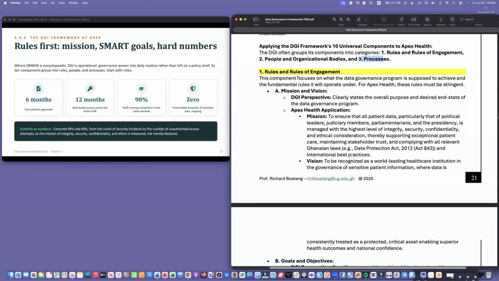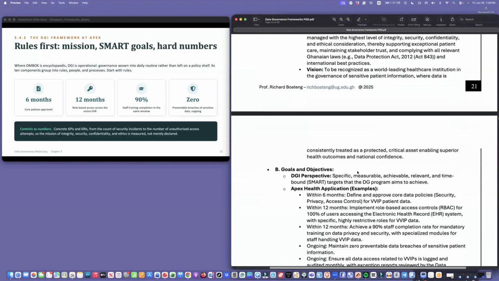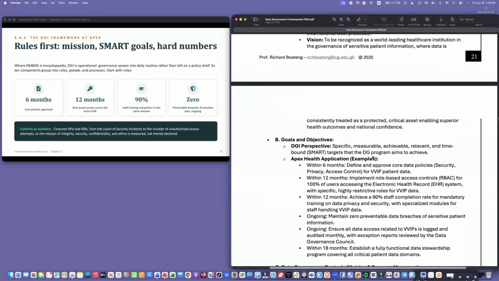Vision: to be recognized as a world-leading ethical healthcare institution in governance of sensitive patient information, where data is consistently treated as a protected and critical asset, enabling superior health outcomes and national confidence.